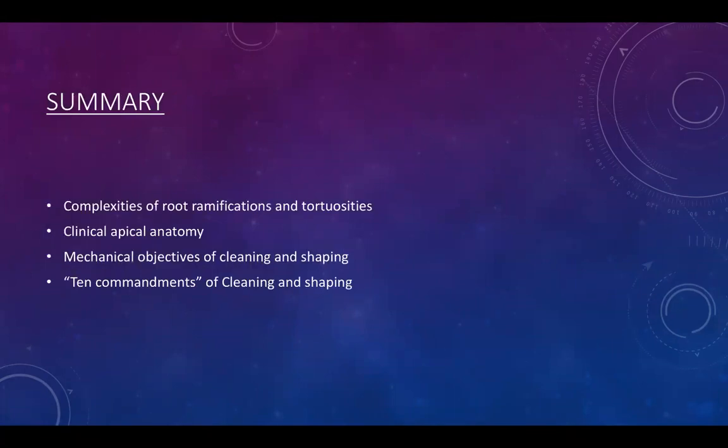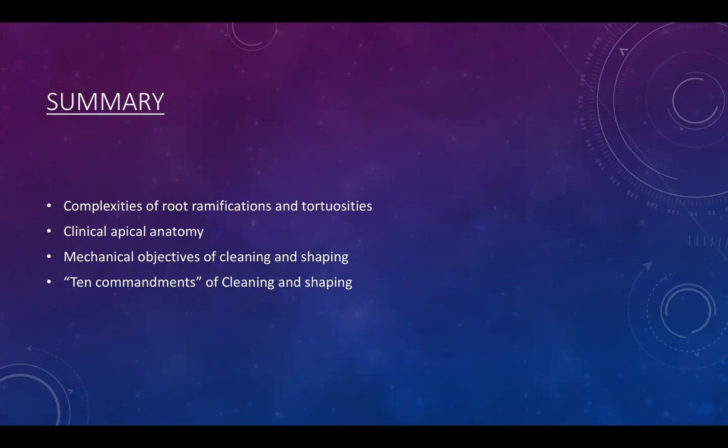Question number 9, which of the following is true regarding pre-curving of the files? So the answer for this is E. A and B are both true. Smaller files should be pre-curved closer to the tip of the file, and this is for having a pronounced probe, so we could find better apical patency and locate places we want to be in the canal better.